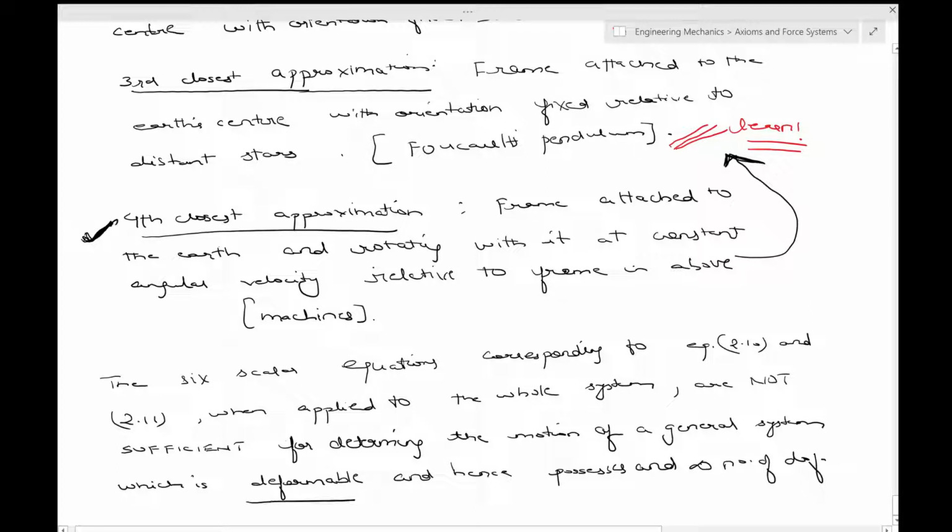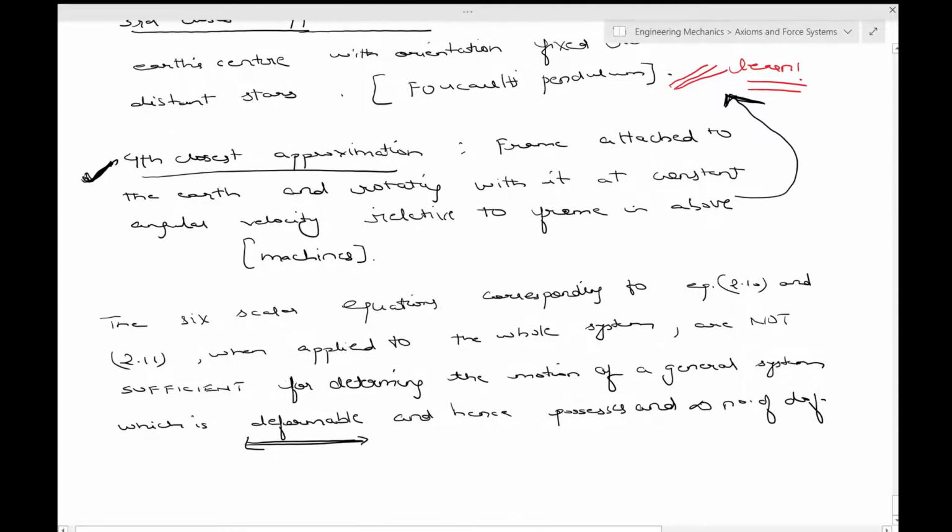Deformable means it's not rigid and hence possesses an infinite number of degrees of freedom. Okay, so the number of independent constants required to exactly determine the motion will be infinite for a deformable body. But the good part about this course is that we don't have to worry about deformable systems for now. What we have is rigid bodies.